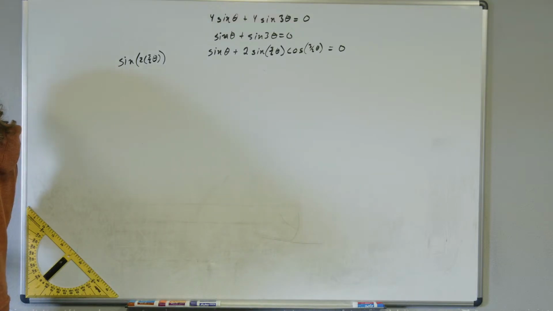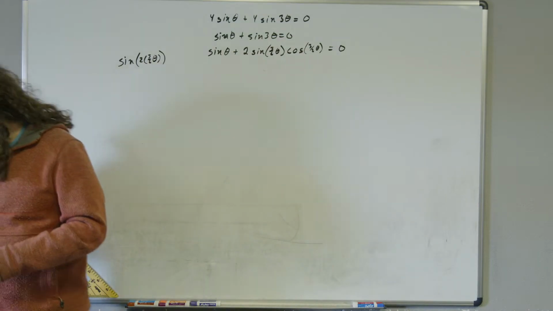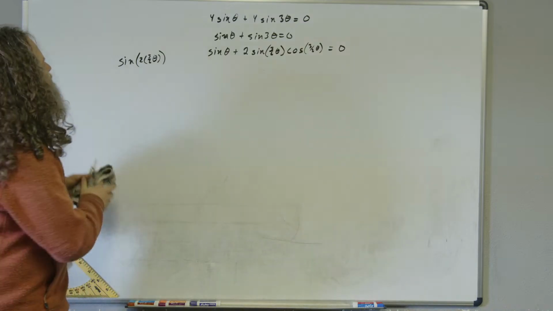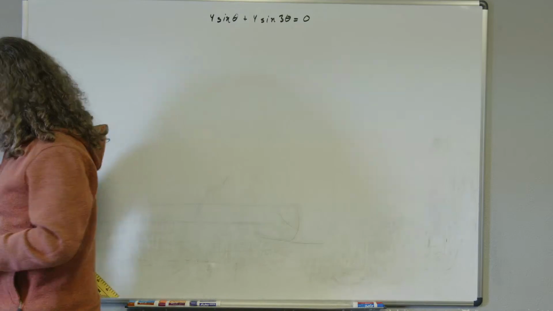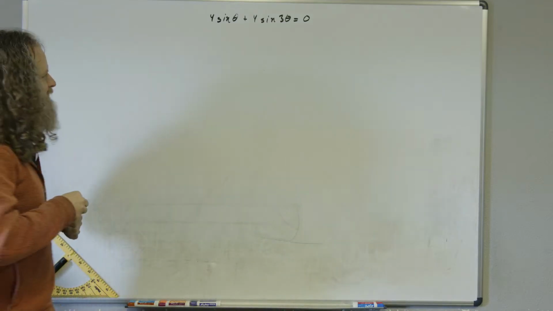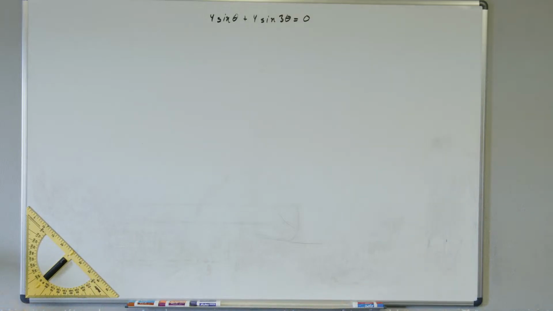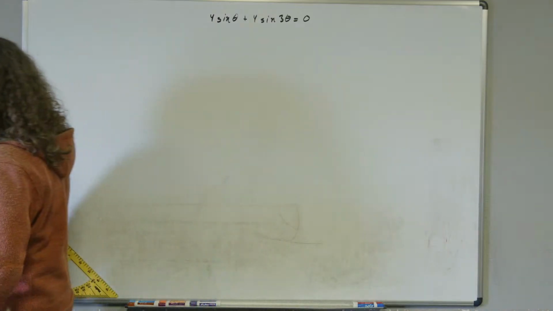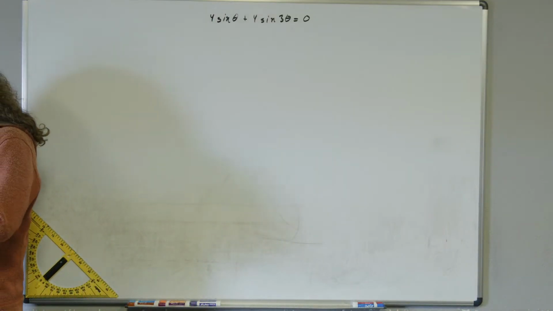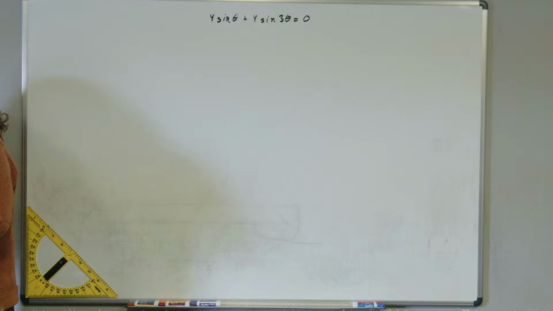Oh, you know what we could use? Duh. That's not the identity that we need to use at all. It's still going to make a mess, but yeah. There's a different identity we could use. What can we use? Y'all look at your identities lists and find a better one. There's a better choice for that. Sum to product.